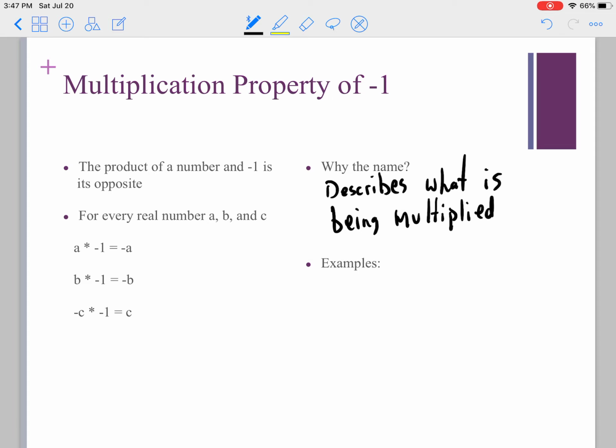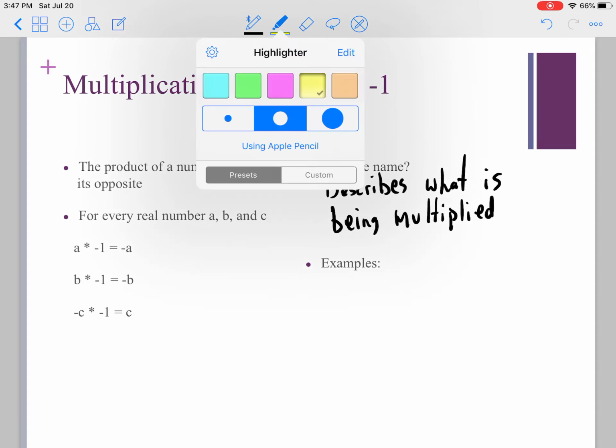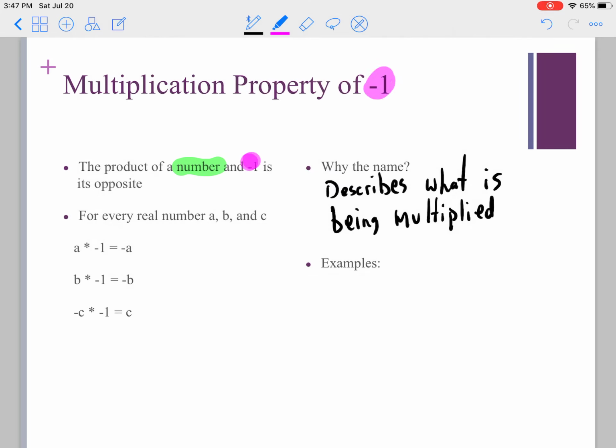And so again, the multiplication property of negative 1 tells us what is being multiplied. A number and negative 1 are being multiplied, and that is going to result in its opposite. And there's your negative 1, and here's a number. Notice that when you multiply, you end up with the opposite of the number that is being multiplied.